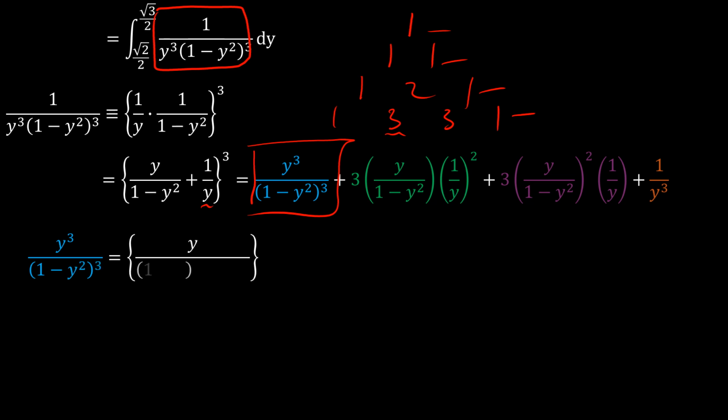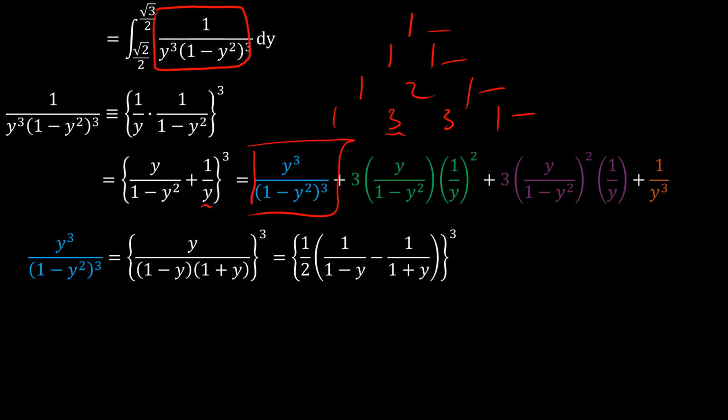This can be decomposed into y over, so 1 minus y squared is the same as 1 minus y times 1 plus y. So all that to the power 3 because we pulled the 3 out. Again, you use binomial expansion and using this same Pascal constant.